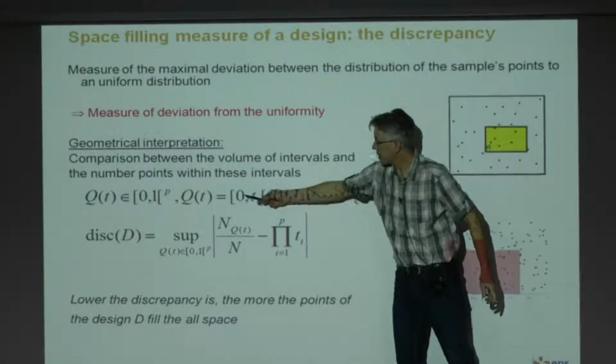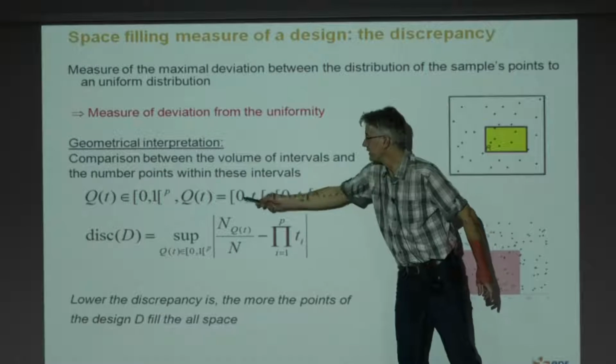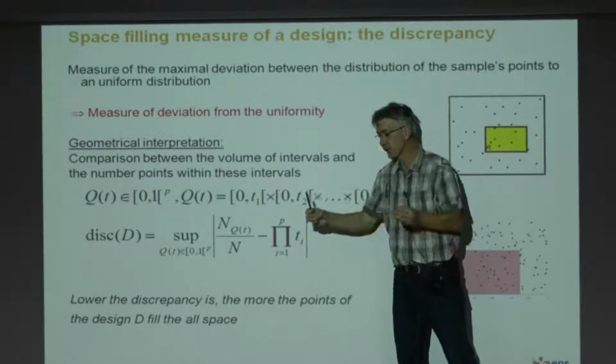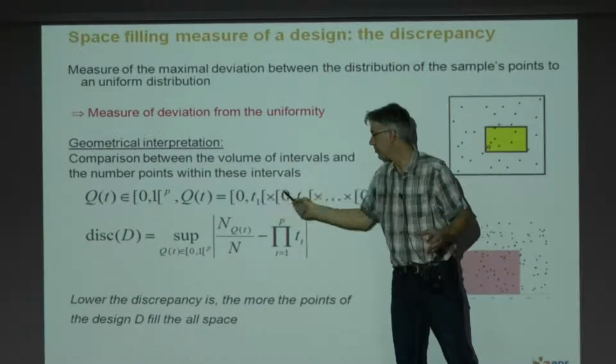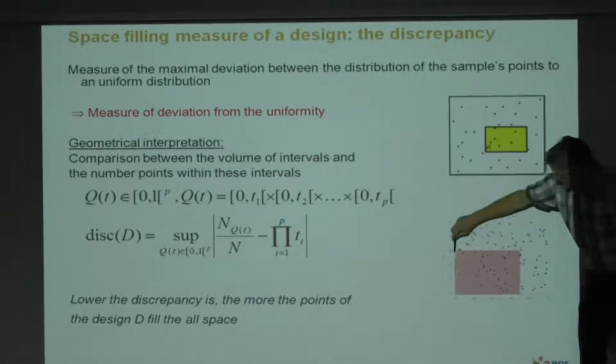So all these ones. My subintervals are defined by a vector t, which is a coordinate where I stop the interval on each axis. Okay, so this is t1 and this is t2.